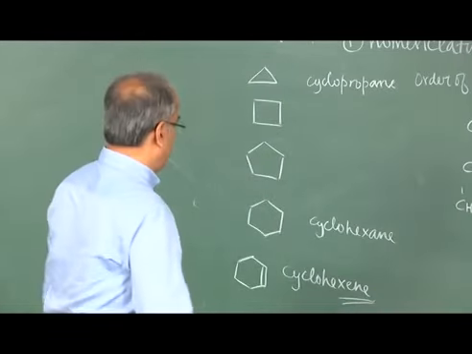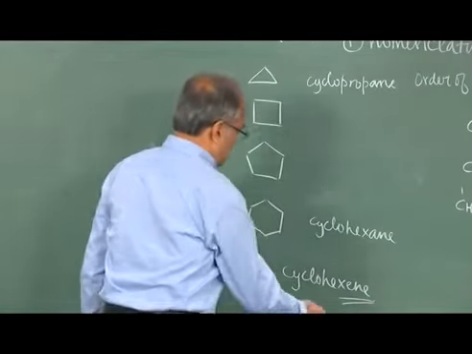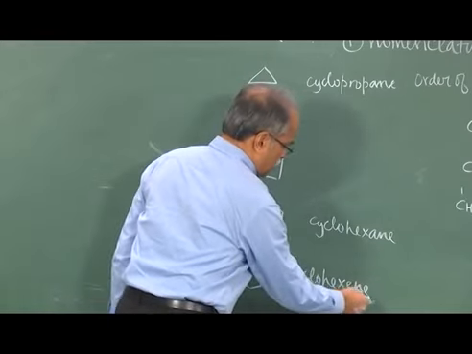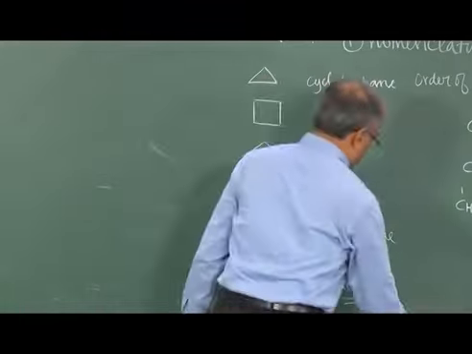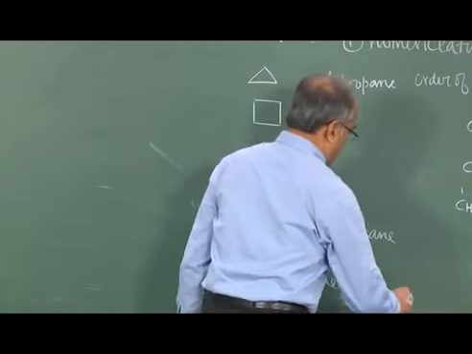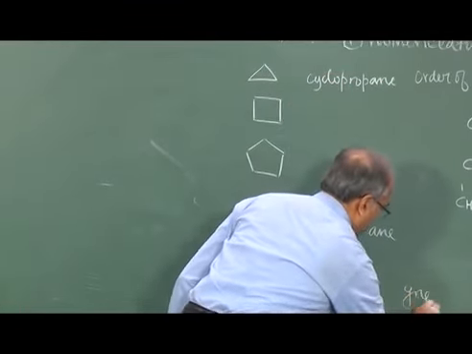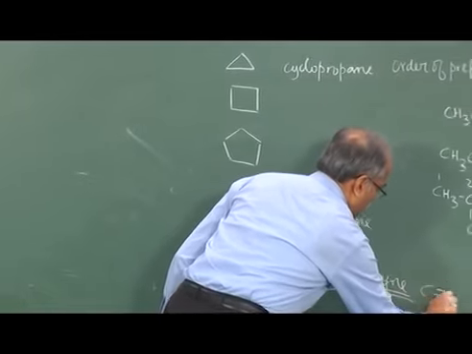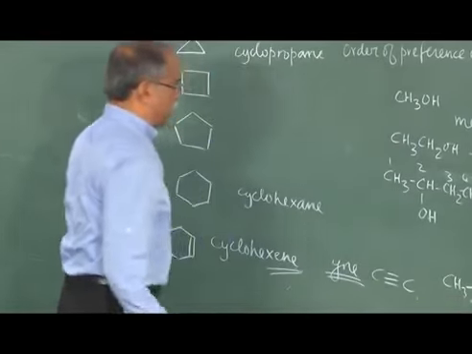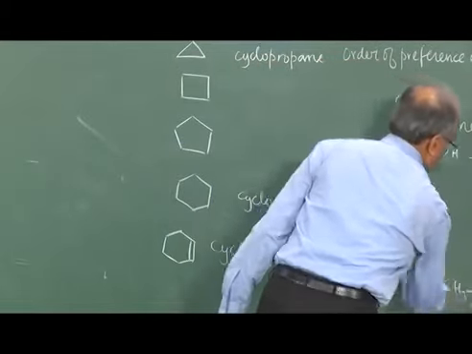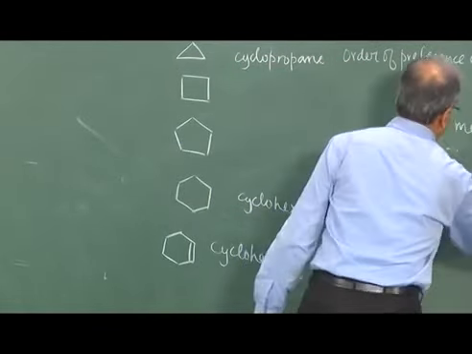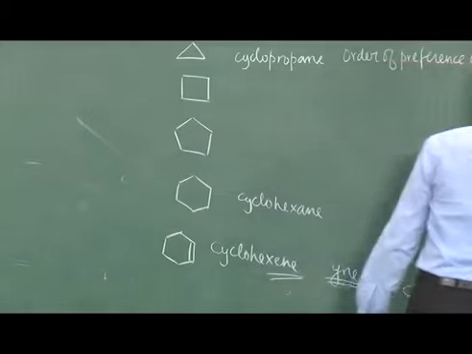So, an olefin always ends up with the -ene suffix. If it is an alkyne, then you end up with -yne. If it is a triple bonded compound, it will end up with -yne. Let me give a couple of examples of that to illustrate the point.